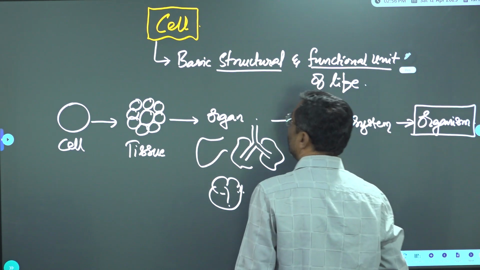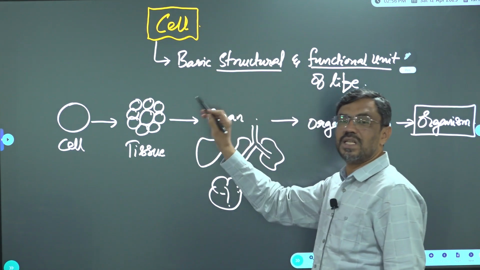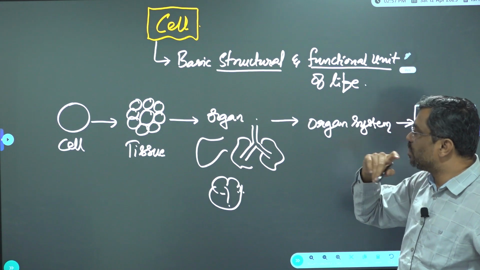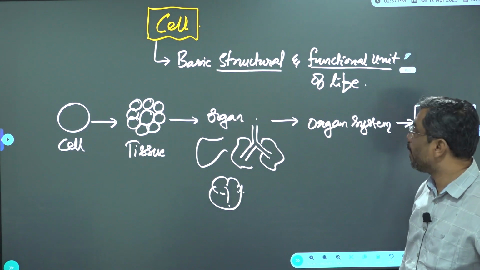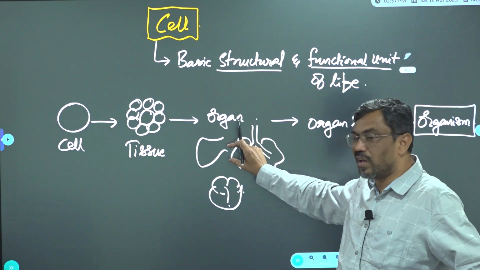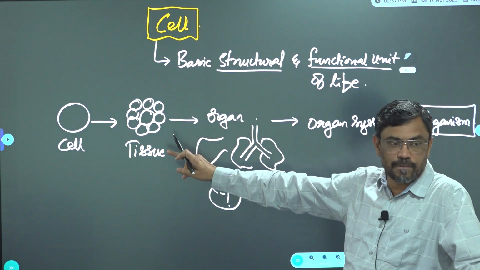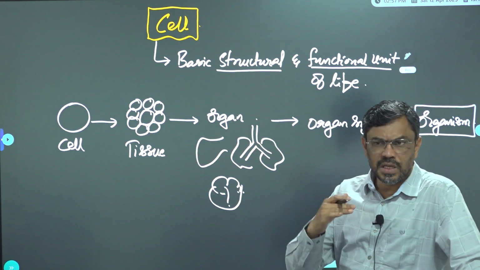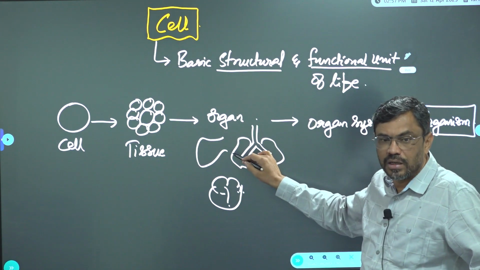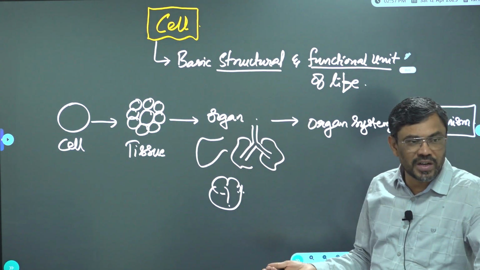Right? So here the cell is the basic structural unit. All organisms are made up of cells only. And it is the basic functional unit, because the functionality of an organ depends on the functionality of the cell. If some cells are damaged, it disturbs the functionality of the organ. It hinders the metabolism of that organ.